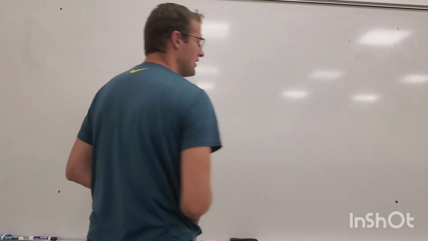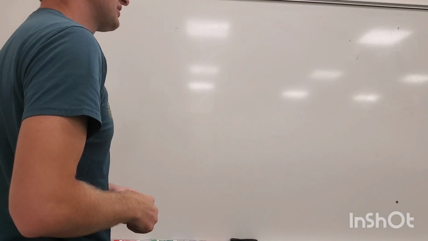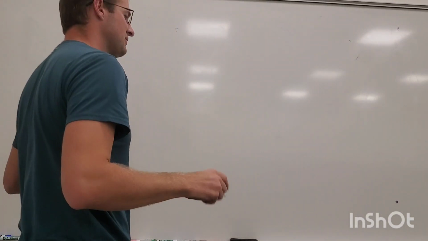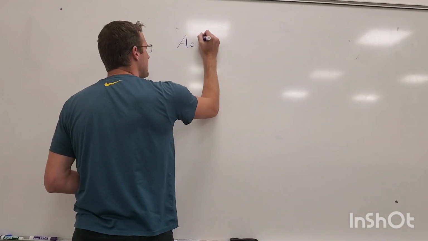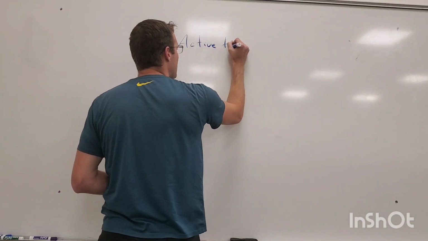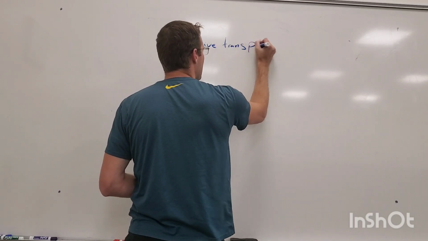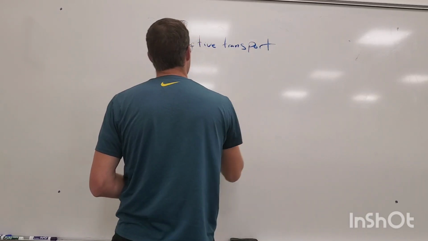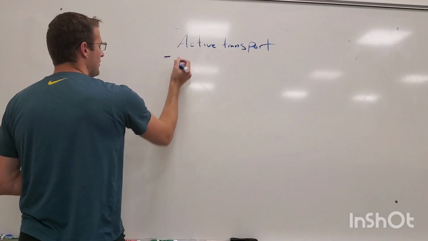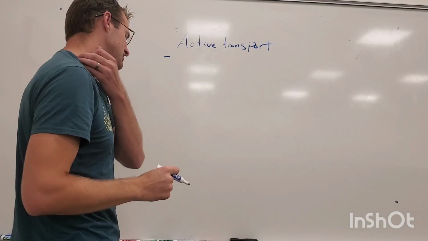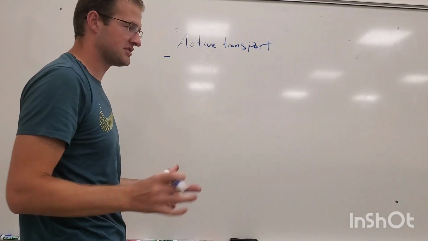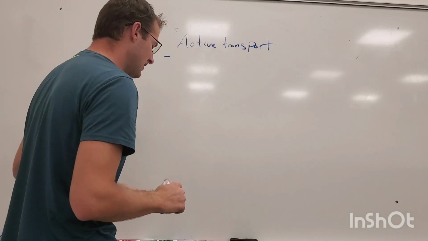All right, what else? We need to talk about active transport. The difference between passive transport and active transport is that in active transport you're taking molecules against their concentration gradient.